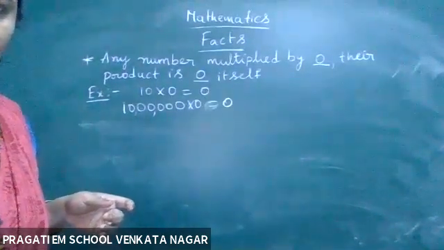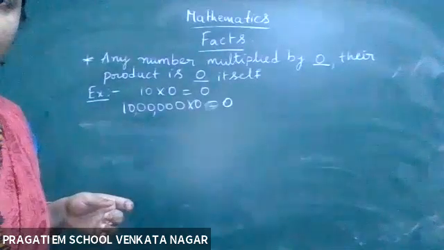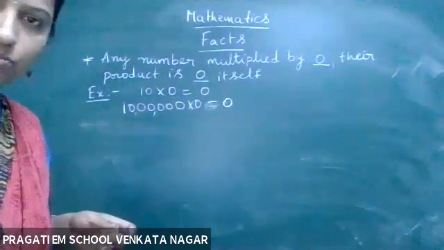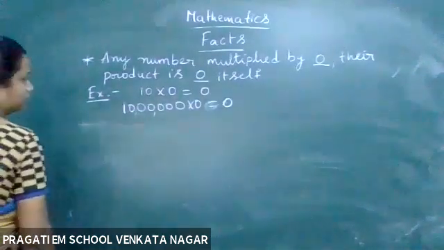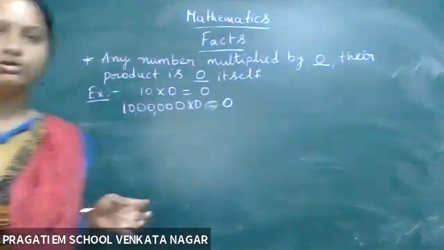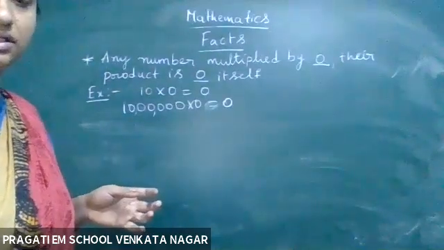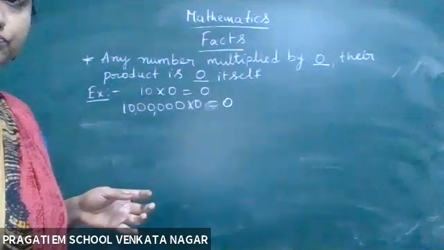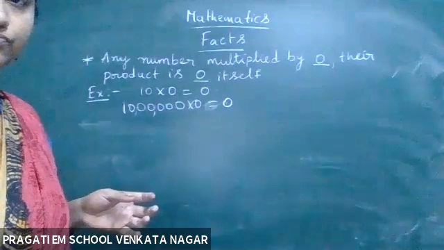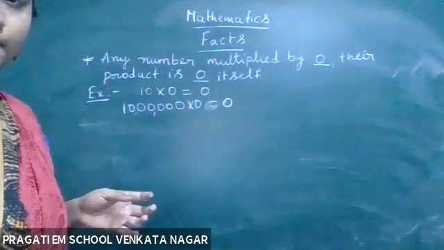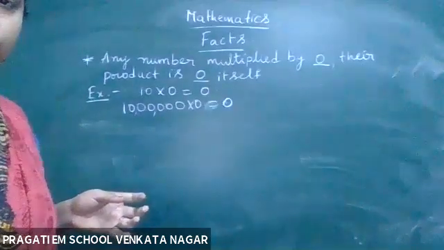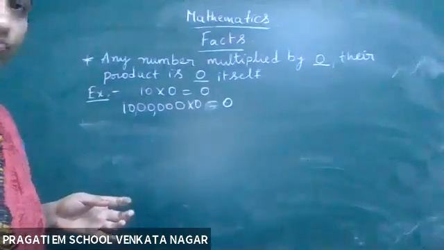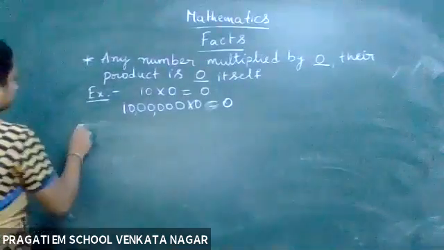Next, children, make it faster because we have only some more time left. So 10 lakh multiplied by 0, we get 0. Fine. Next, another one.